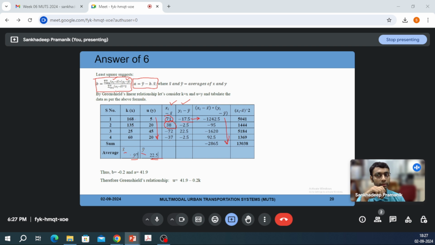Then in the denominator it is xi minus x bar square. So you can also do this here, that xi minus x bar square, it will come this one. So finally if you put these values like xi minus x bar is this one, then xi minus x bar multiplied by yi minus y bar is this one, and this xi minus x bar square, which is this one.